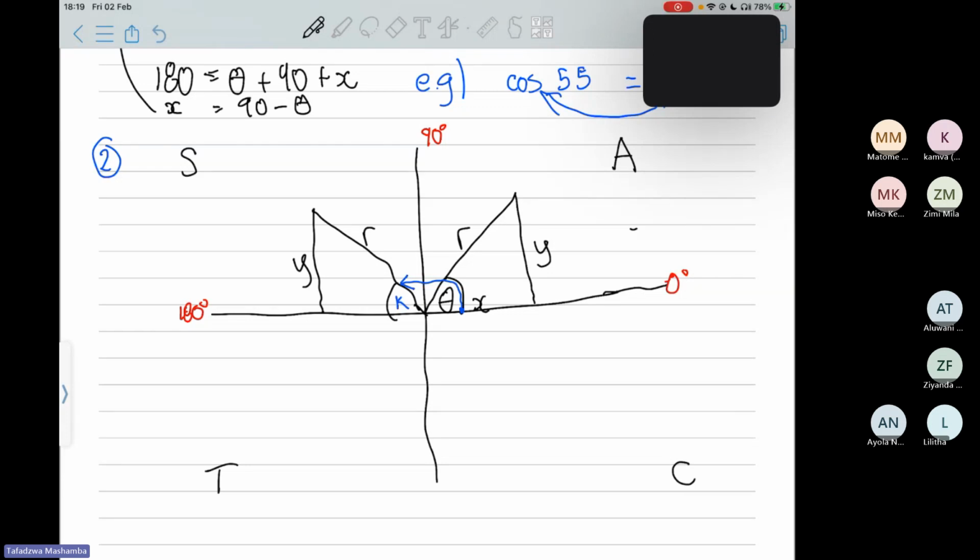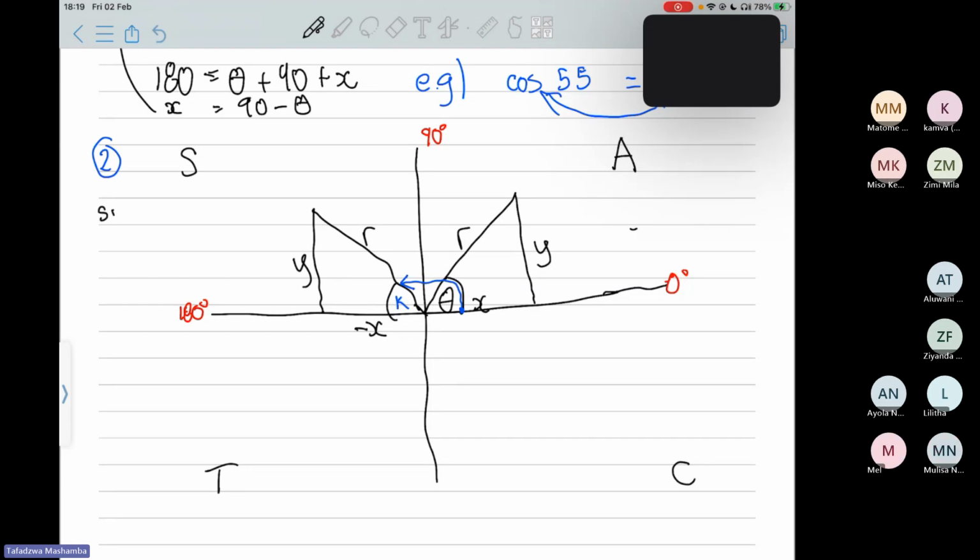But can you see that X is positive on the right side, but on the left-hand side, X is negative. So if X is negative, what importance does that have on our triangle? Let's take sine, for instance. So sine of K is basically equal to negative X over R.